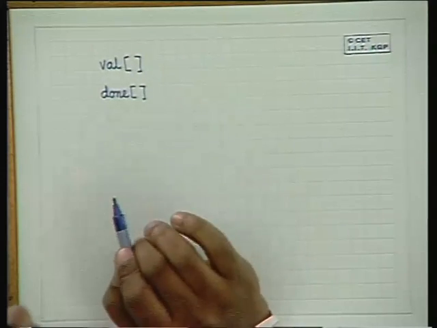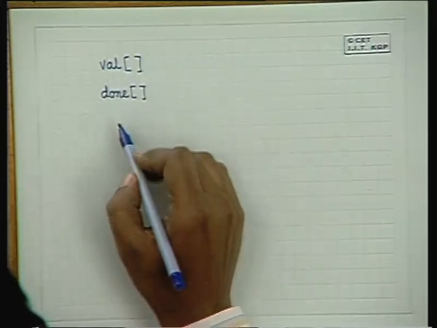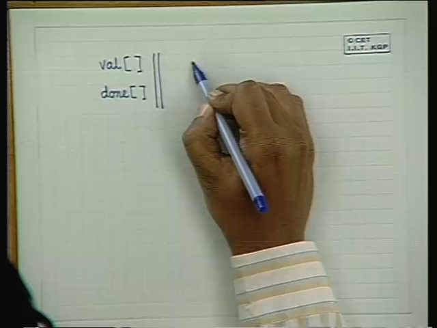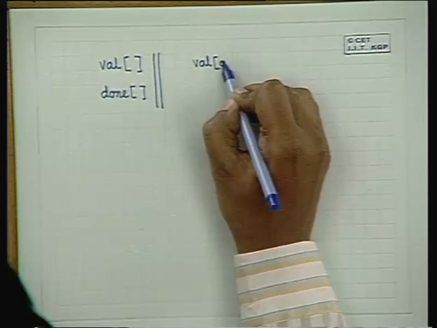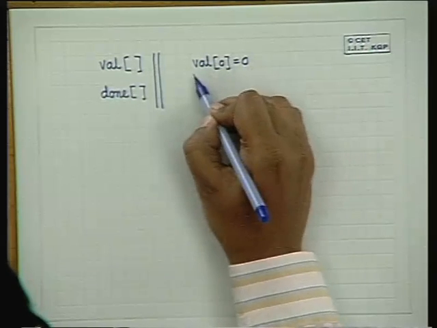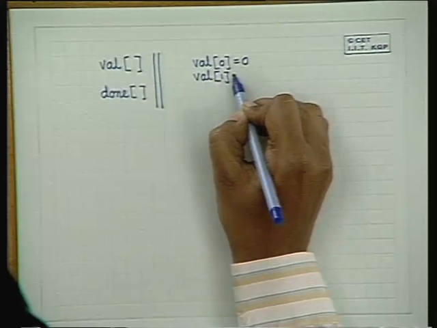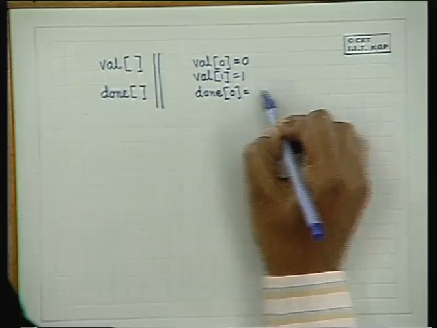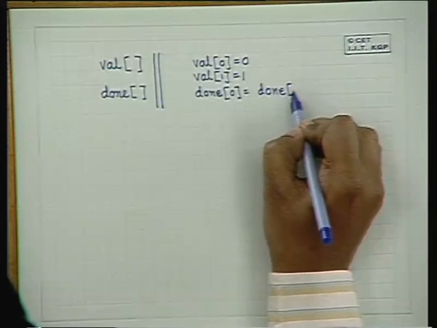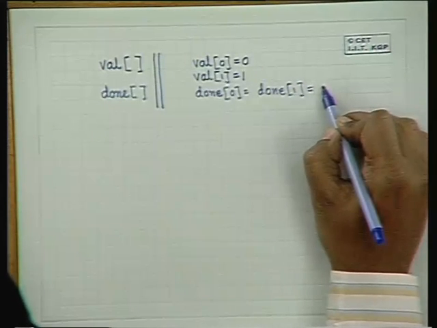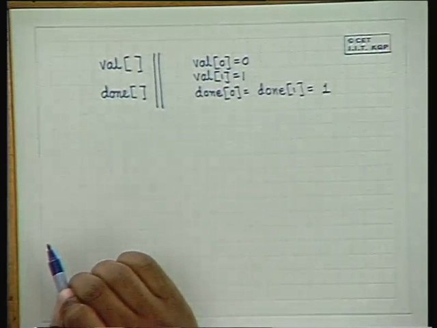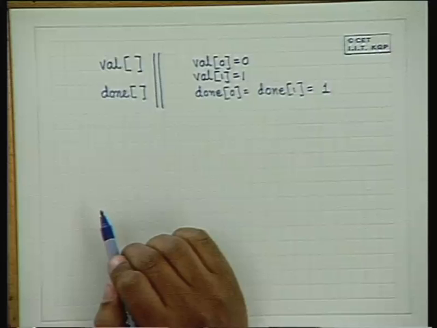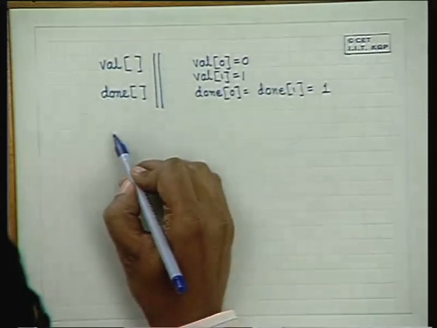If we maintain these two global arrays and initialize them, val 0 is equal to 0, val 1 is equal to 1, and done 0 is equal to done 1 is equal to true, say true is 1. So we initialize it like this and we write out our recursive structure again, but with a slight modification.